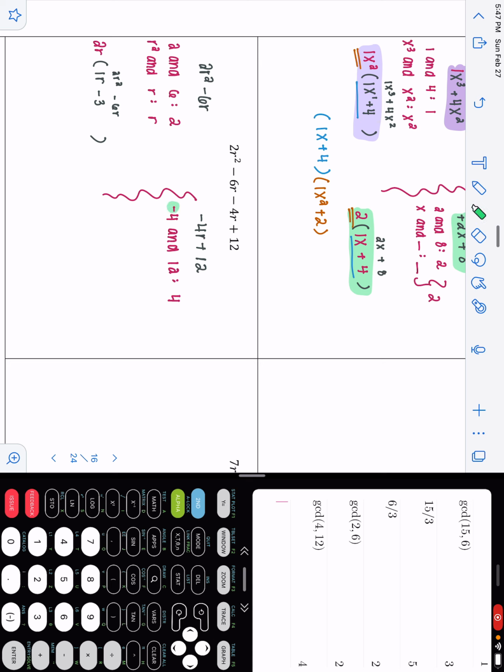But the only thing is, since we started off with a negative, you need to make sure that this is a negative 4. Always keep the sign of that first number. Okay? We don't care about the second number. Always keep the sign of the first number. And then we have r and no r. That means there is no r. So our GCF here is just negative 4. And let's see if we can figure out what's inside our parentheses.